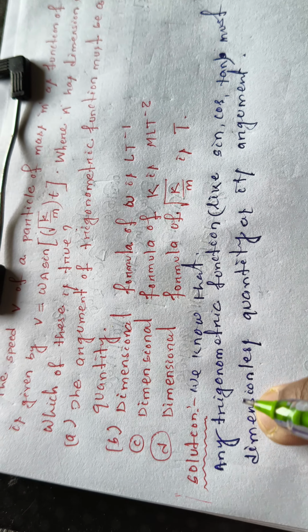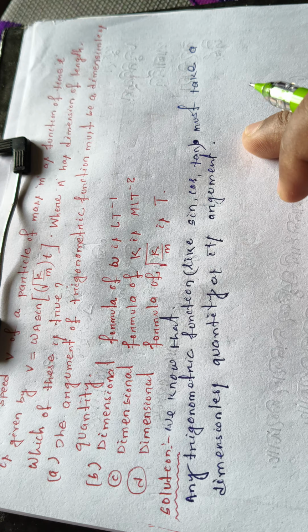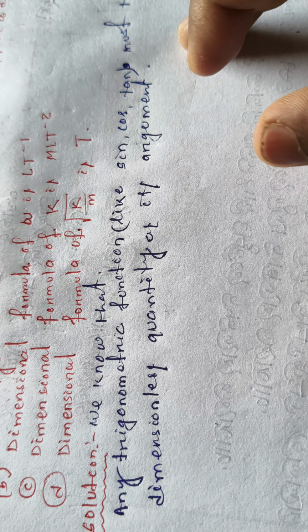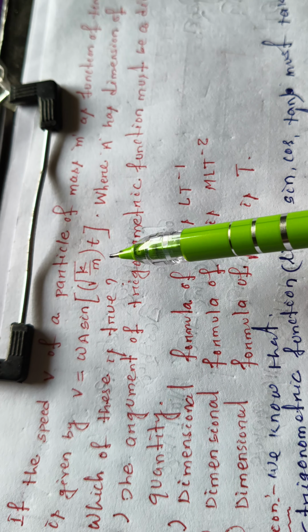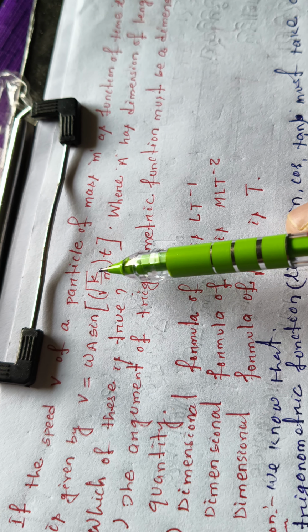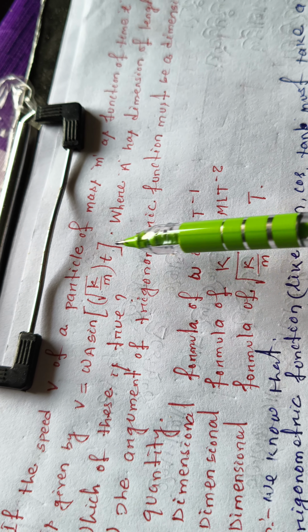The first one is that any trigonometric function must take a dimensionless quantity as its argument. In this case, the function's argument is root over k by m t. This part is called the argument.